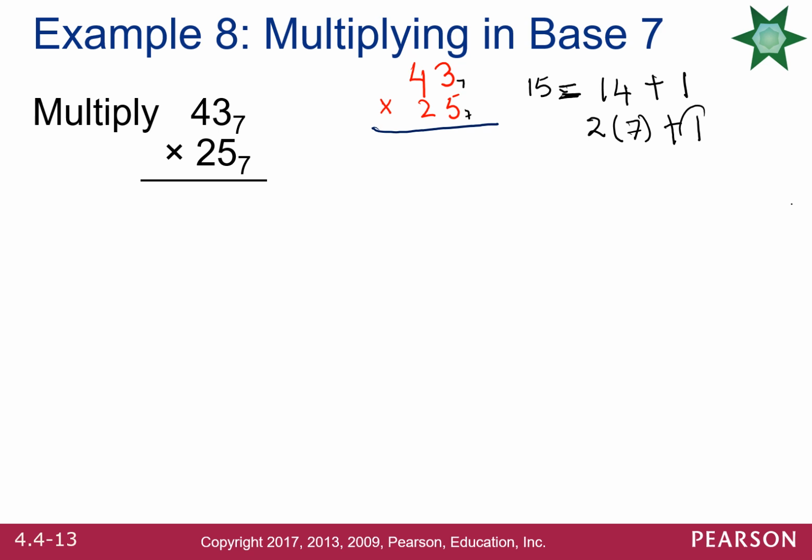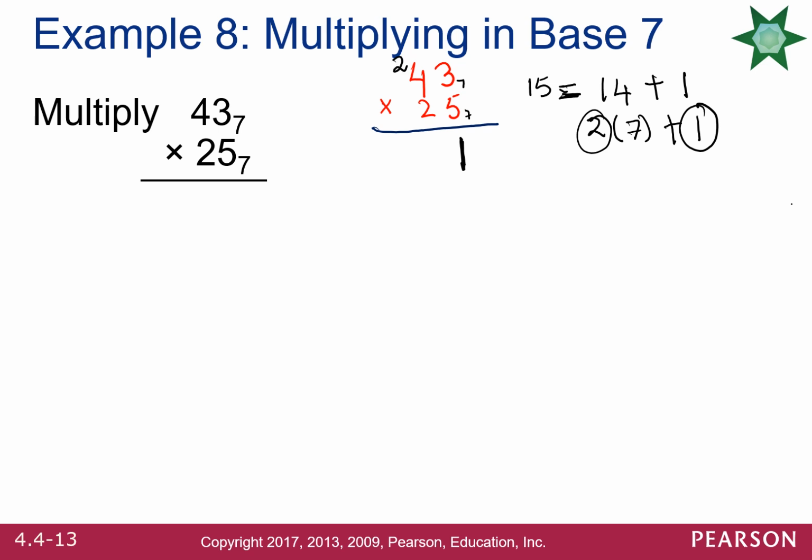So I'm going to write the 1 below over here. This is my 1, and then 2 times 7. The 2 means we extracted two multiples of 7s, so I'm going to put the 2 here.